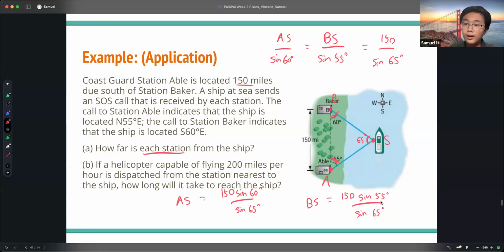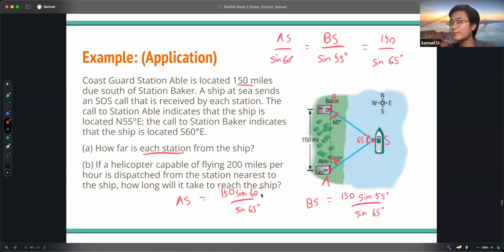Because I don't have a calculator, I would just write what I have. If you were to do this yourself, you would plug this into a calculator. Different calculators have different settings, and I believe if you're taking a rigorous pre-calc course, your teacher would go over this. It shouldn't be too hard to use anyway.